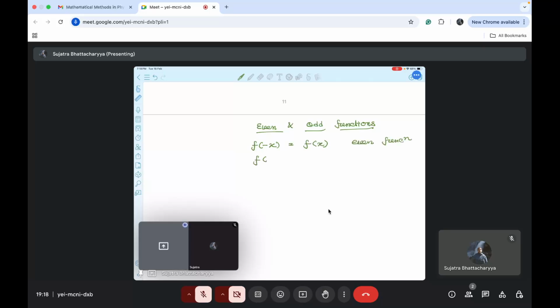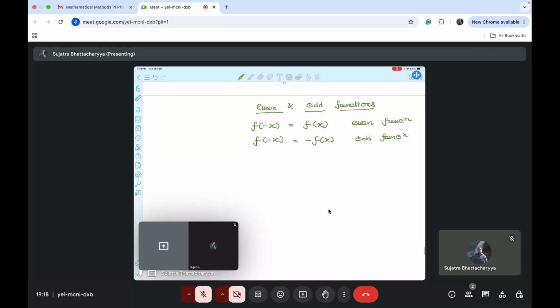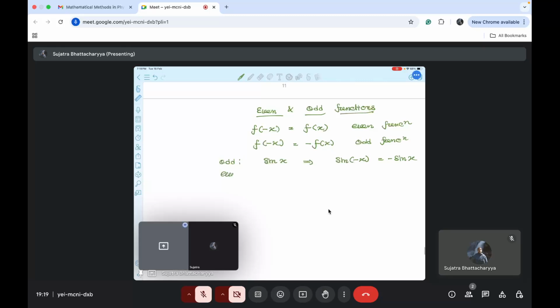But f of minus x, if it is equal to minus f of x, this is an odd function. One example of an odd function is sine. Sin x is an example of an odd function, because if you put sine of minus x, it gives you minus sin x. And one example of an even trigonometric function is cos x, because cos of minus x is equal to cos x.